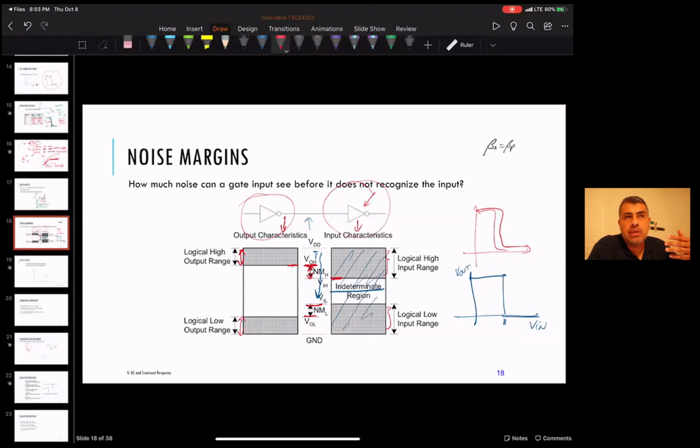So it's the manufacturing, the temperature, the power supply. All of them are affecting your noise margin. Temperature and power supply are sort of a dynamic change in your noise margin, so you could have a worse noise margin when things get hotter or colder. Does that make sense, Tim? Yeah.